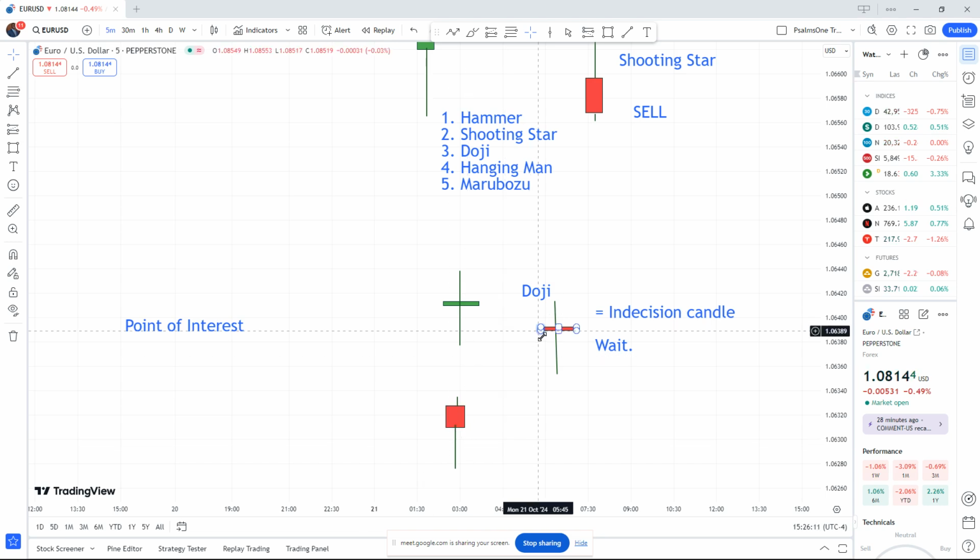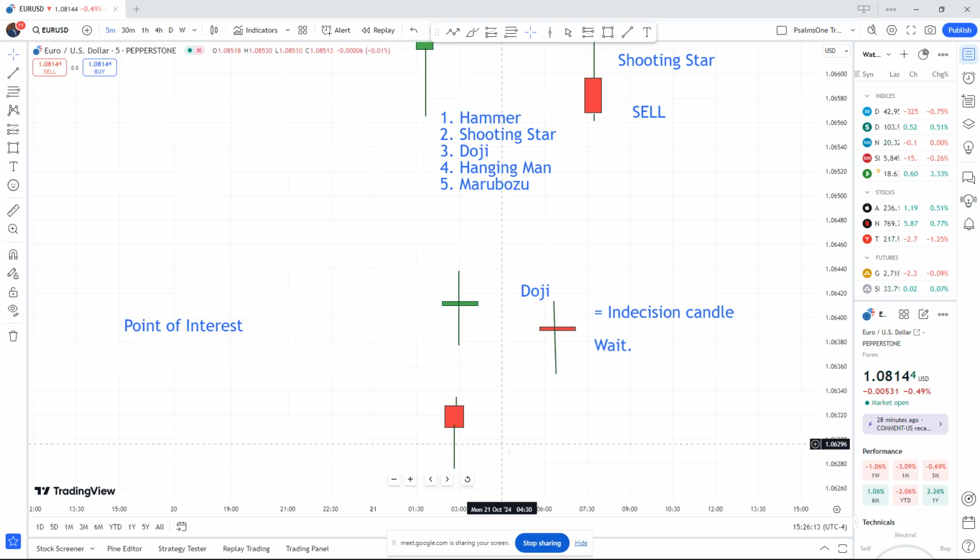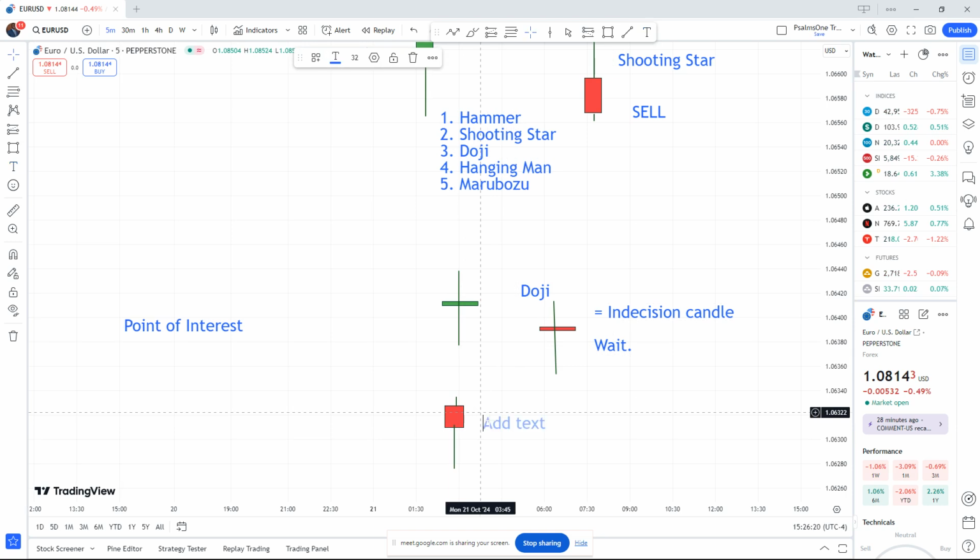A shooting star is also called an inverted hammer. That's a signal for you that shows that people want to sell, because you're already expecting that they should sell from here, from the pattern that price has been printing from the past.